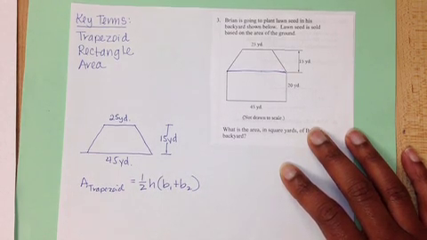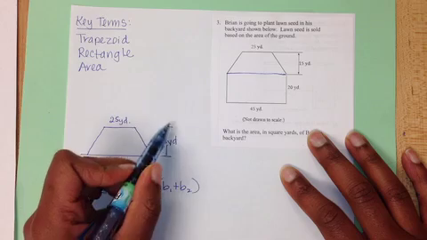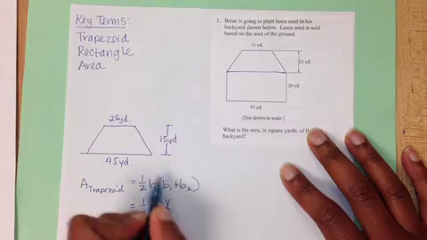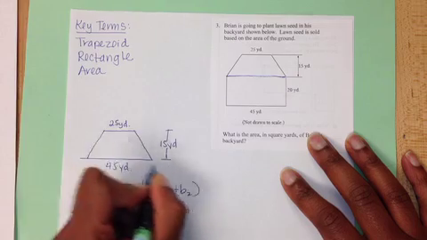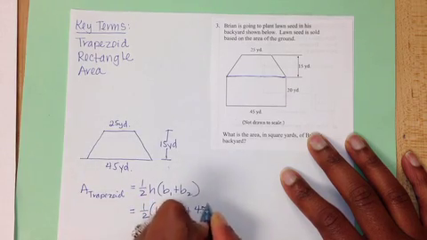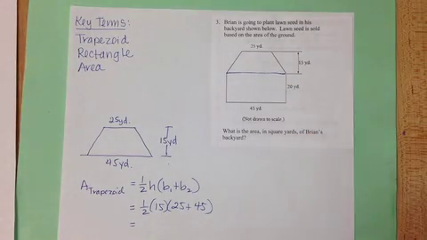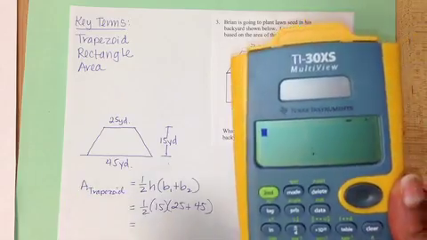So let's go ahead along with the formula. So we have 1/2 times the height. So the height of our trapezoid here is 15. Base 1 is 25 plus base 2, which is 45. So now we just have a simple multiplication and addition to do. So in my calculator, I can use order of operations.